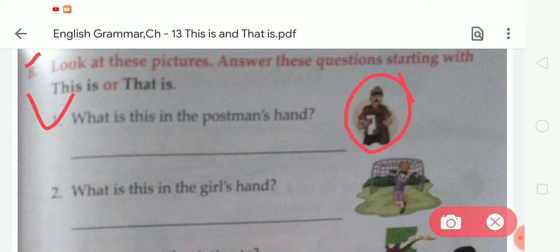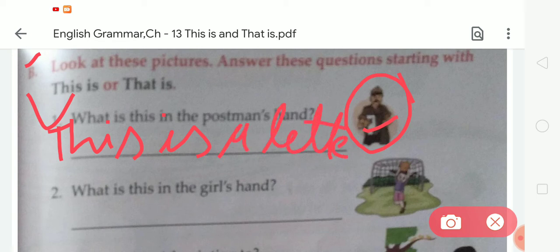The first question is, what is this in the postman's hand? So now tell me, what is in the postman's hand? There is a letter. So we have to write this is a letter. Okay, in number first we have to write this is a letter.